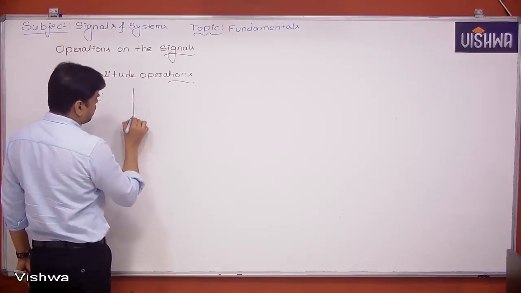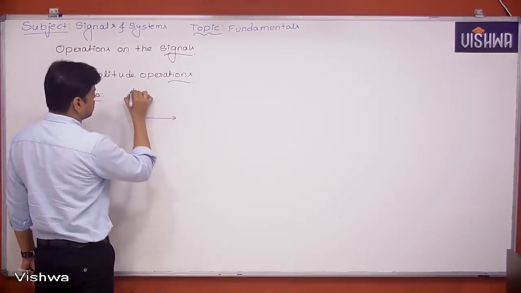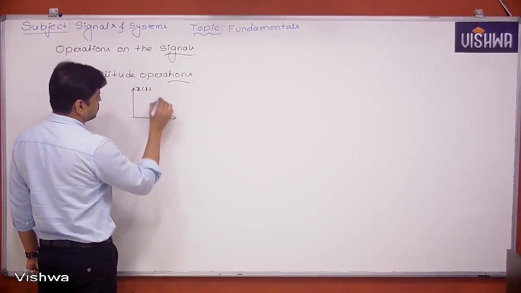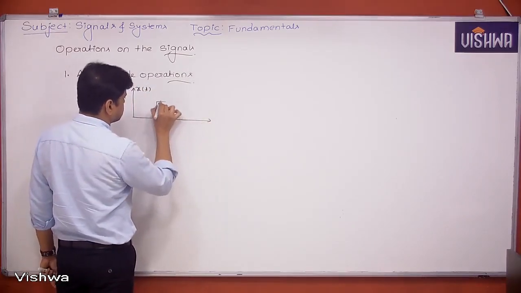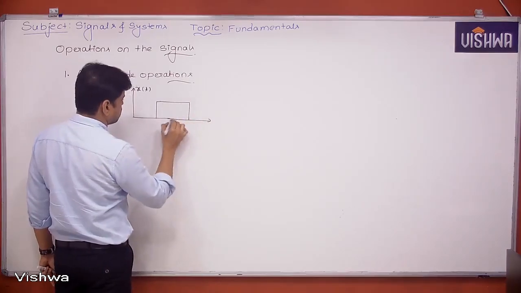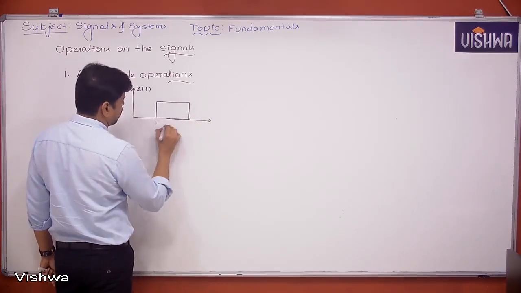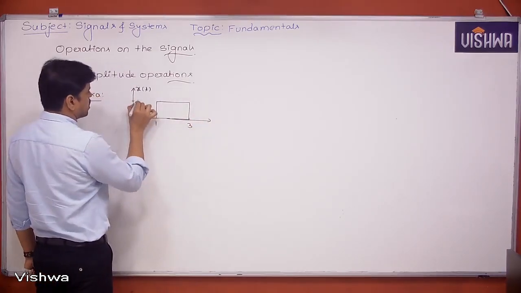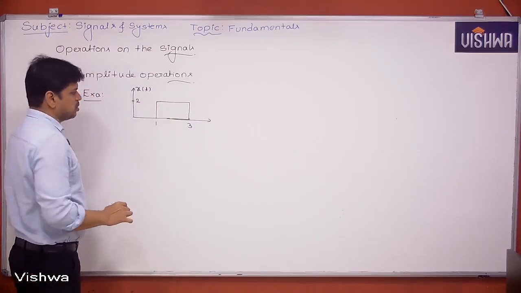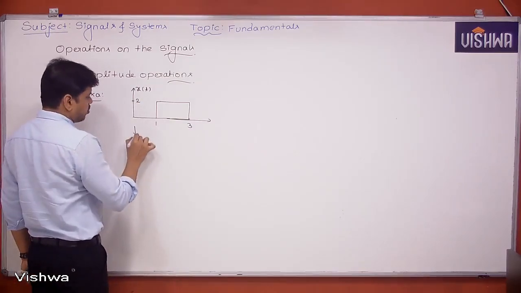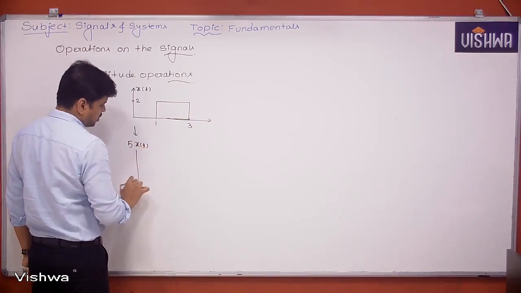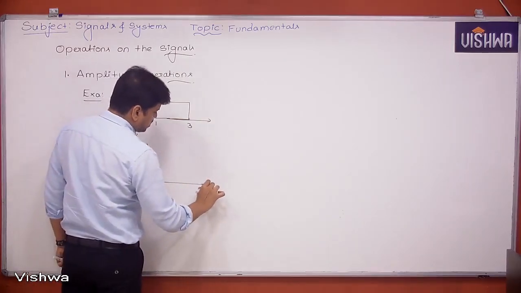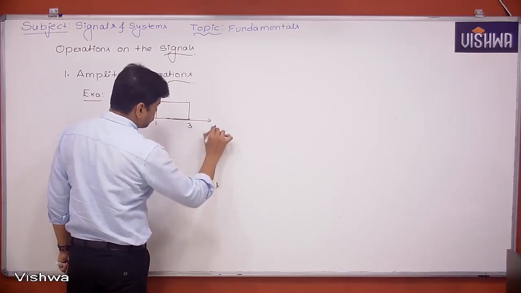If I have a signal x of t, which exists between, let's say, 1 and 3, whose amplitude is 2. If from this signal I want to find 5x of t, that means the signal is multiplied by 5, then what does that mean?